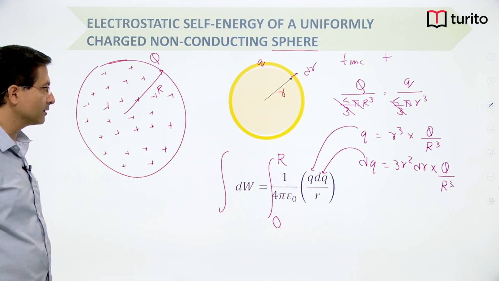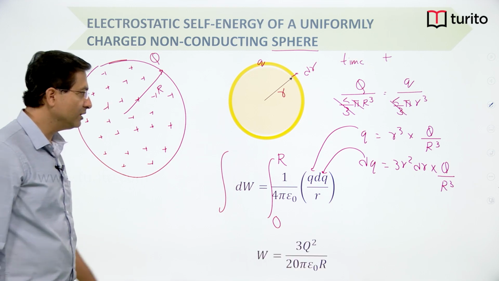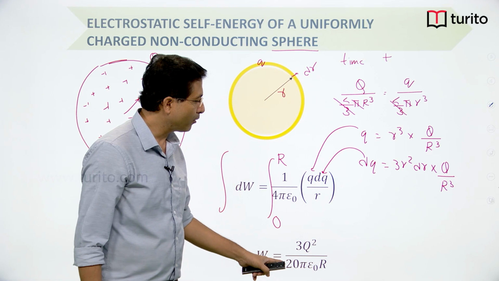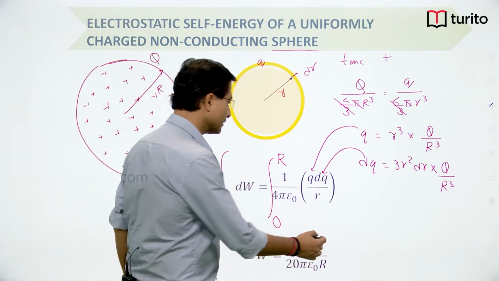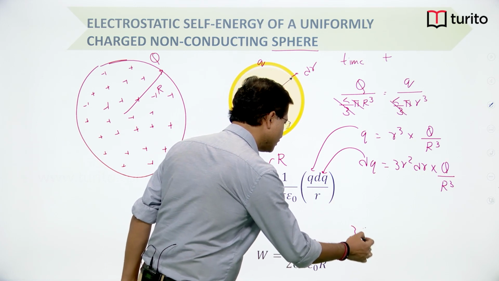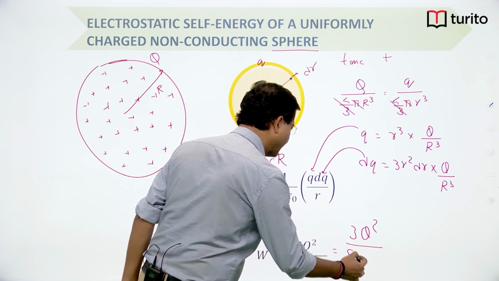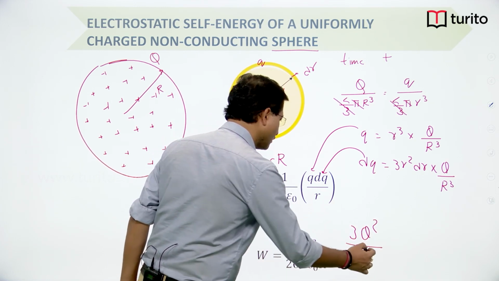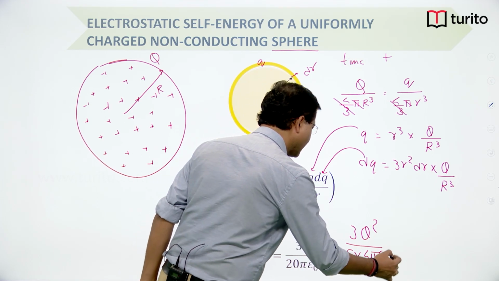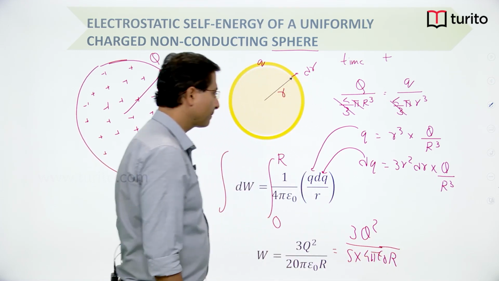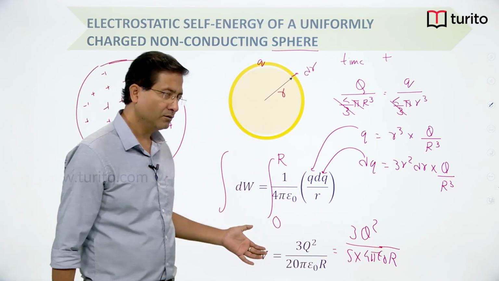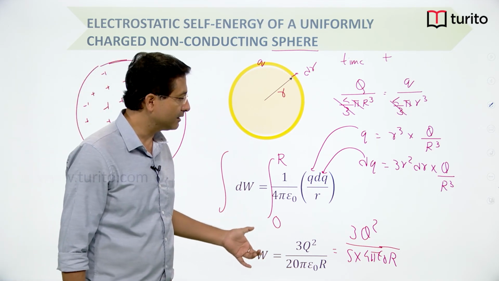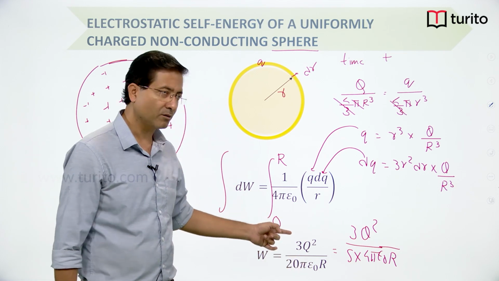After simplification you will get 3 Q square upon 20 pi epsilon naught R. You can also remember it this way: 3 by 5 times Q square divided by 4 pi epsilon naught R. It depends on you how you want to remember it. If you are convenient with this expression, remember this format.